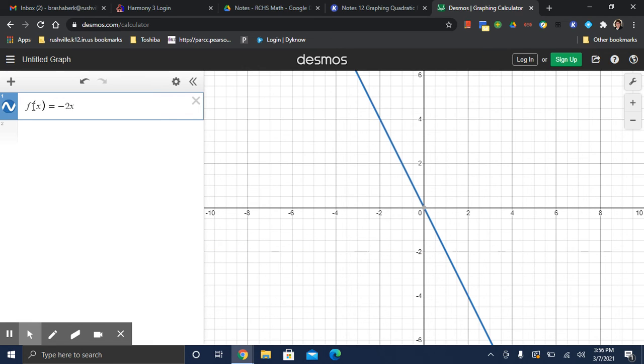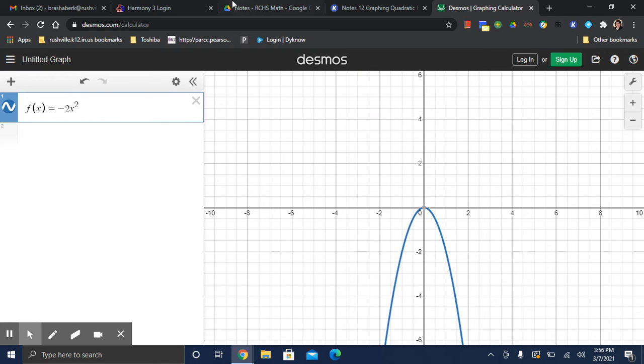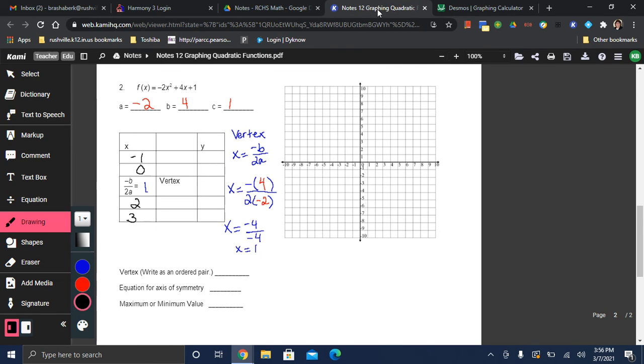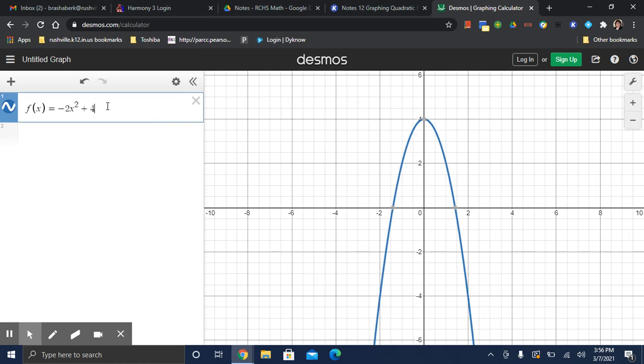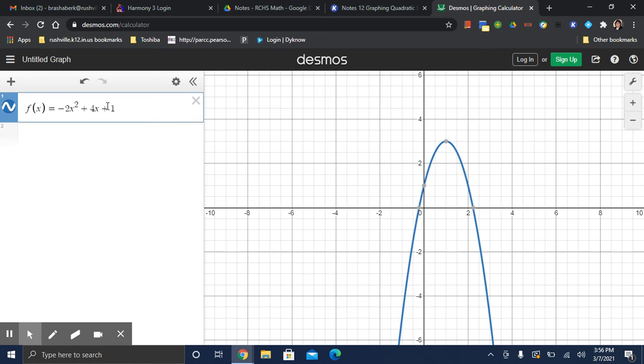Remember that to get the squared, you do shift 6. So negative 2x squared, I'm going to double check, plus 4x plus 1.